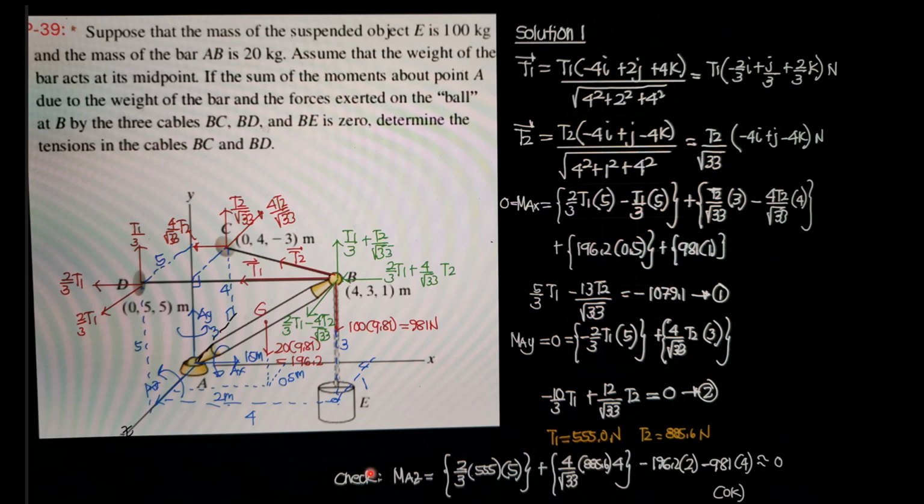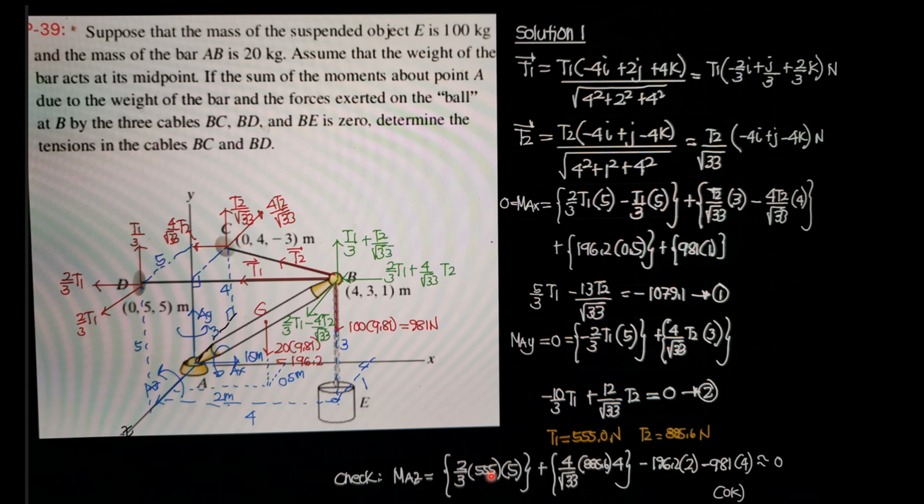Then checking. So take note that the moment about Z should also be 0. So summation of moment about Z must be 0 so that we can validate these answers here. So this is the positive sense, beginning with these components here. Only this 2/3 T1 has moment about the Z-axis, and it is positive, right? Positive, so that direction. T1 over 3 passes through the Z axis, parallel to 0, so only 2/3 T1, and moment arm is 5.